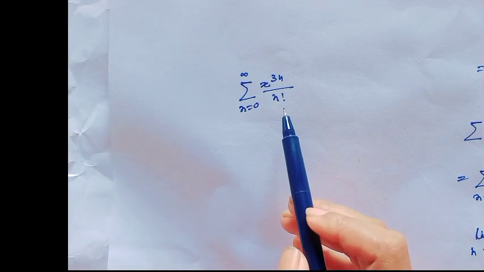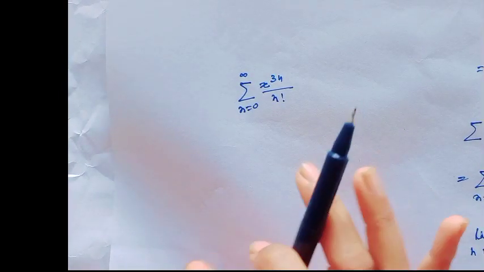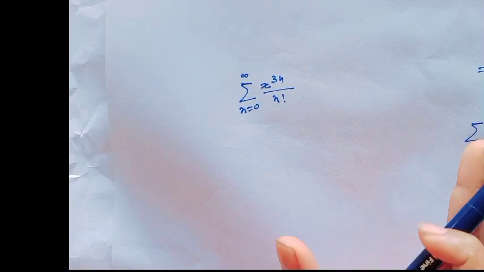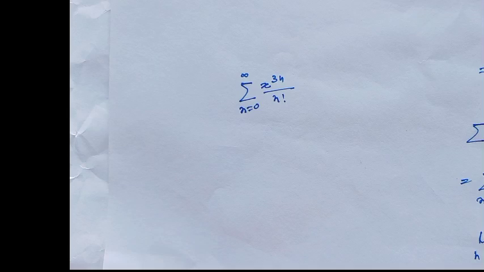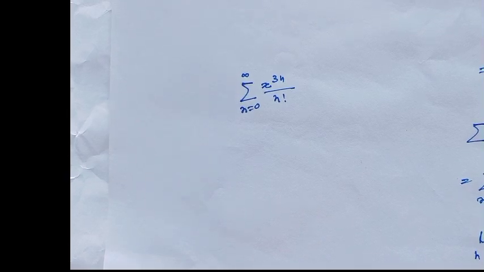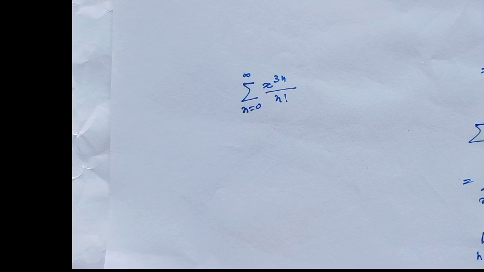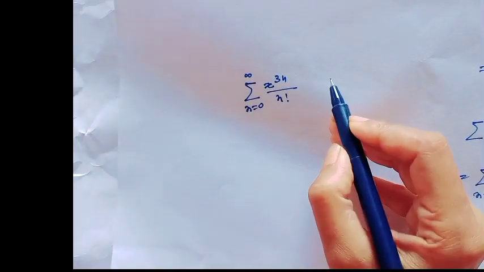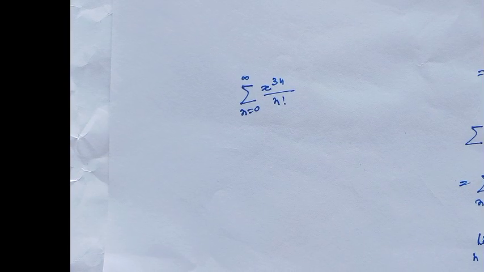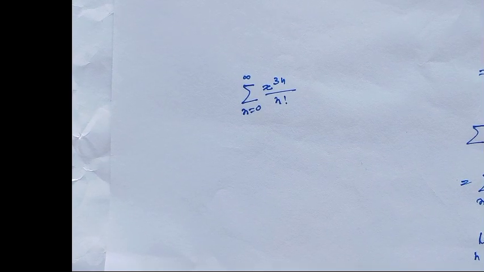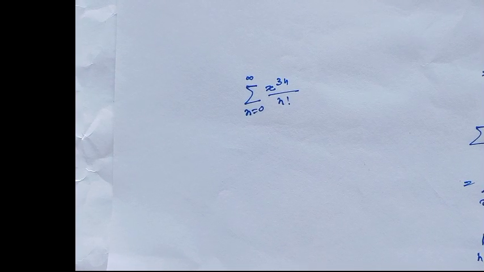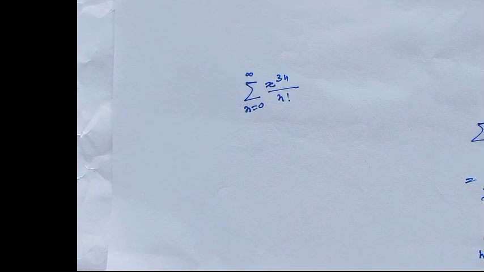Since here n factorial is given in the power series, I will always use the ratio test. That means this is the shortcut trick. When you see the power series has the factorial notation, then always use the ratio test.